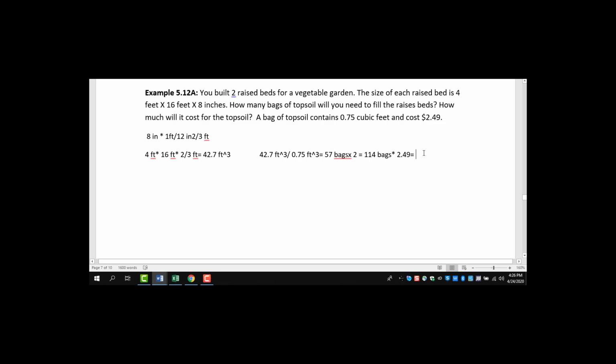Remember that one. 283.86. So I might actually want to have somebody drop off dirt, because this is getting to be pretty expensive for buying all these bags. But it takes a lot of bags to fill up and make these garden beds.